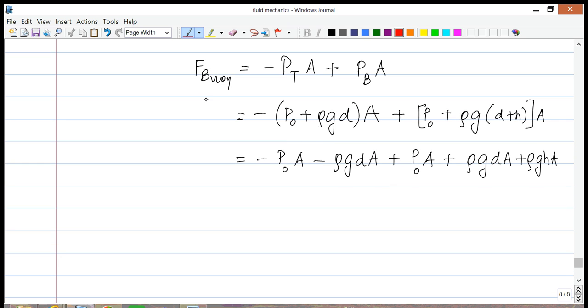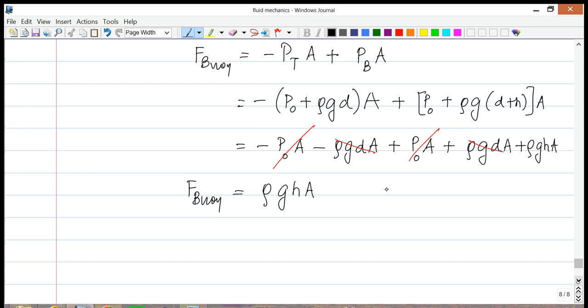A lot of things will cancel out. This cancels this, this cancels this, and in the end all we are left with is rho g H A. So this is my buoyant force, which I'm going to call FB.